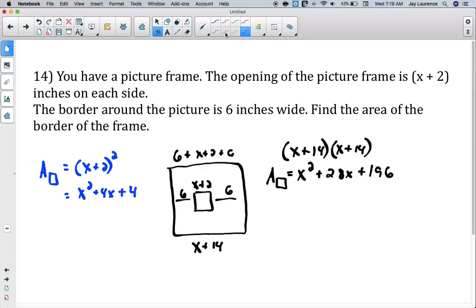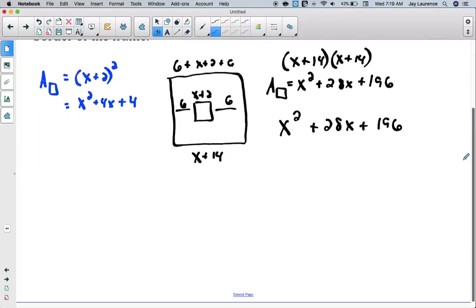Okay? Now, I am going to subtract, just like in the last problem, but I have to make sure I subtract the entire area. So my subtraction problem is going to look like this. X squared plus 28x plus 196. I'm going to rewrite that. Hold on one second.